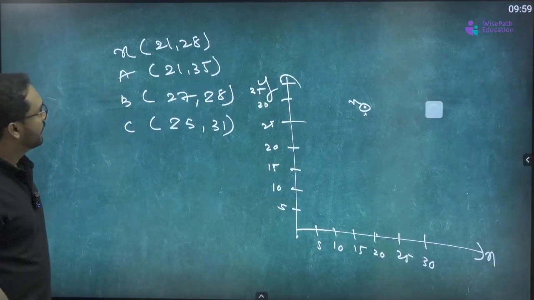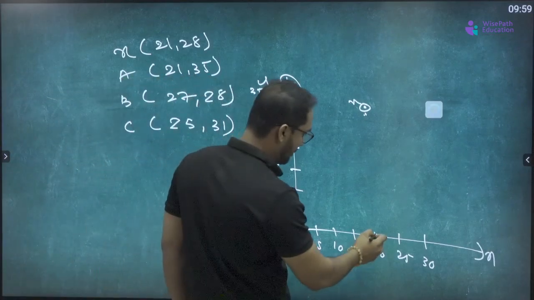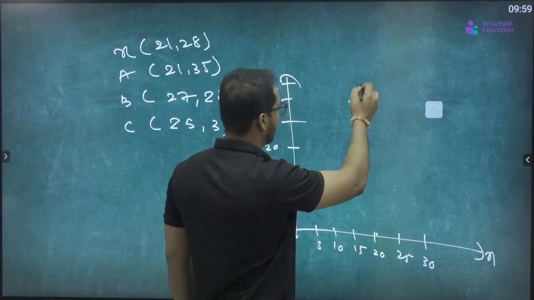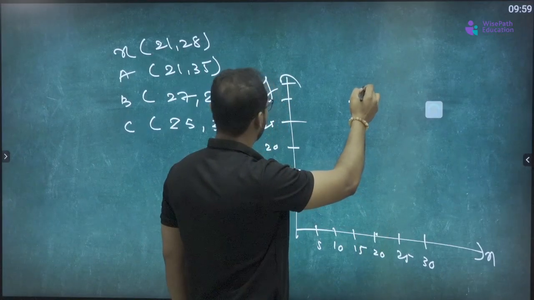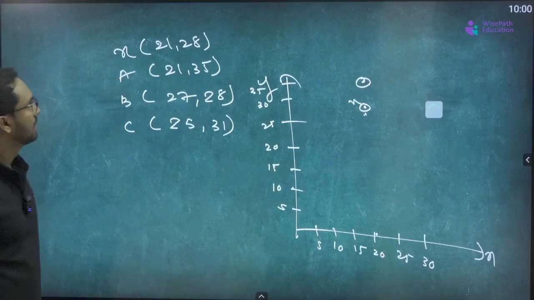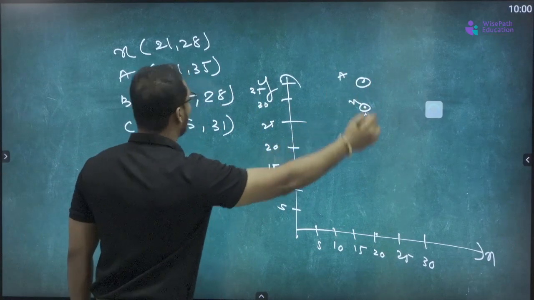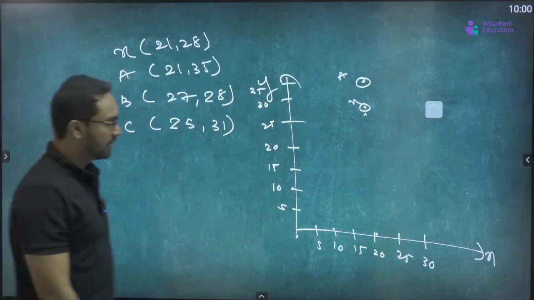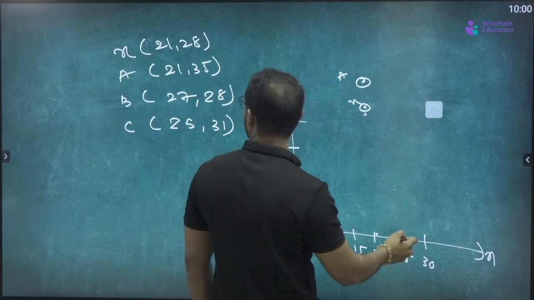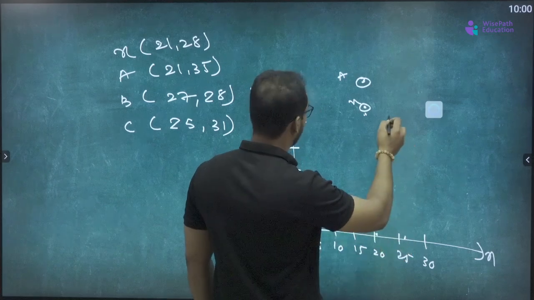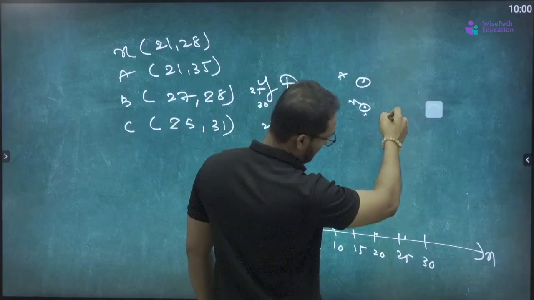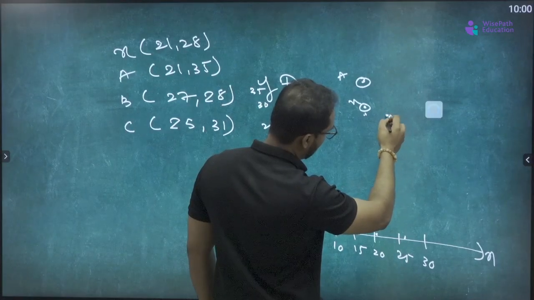So we apply the values. X is 21, 28, somewhere here, right? That is X. And A is 21, 35, which will be directly on top of X. That's A. And B is 27, 28, somewhere here, with 28 here.